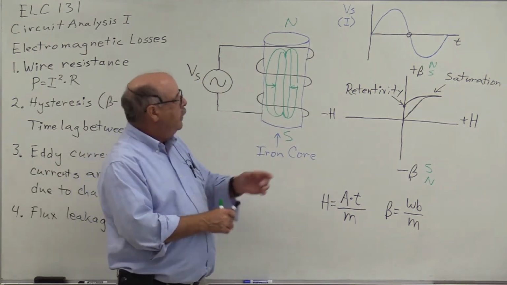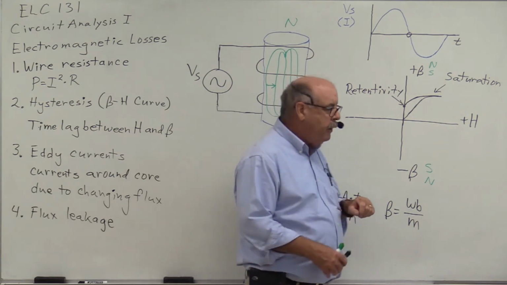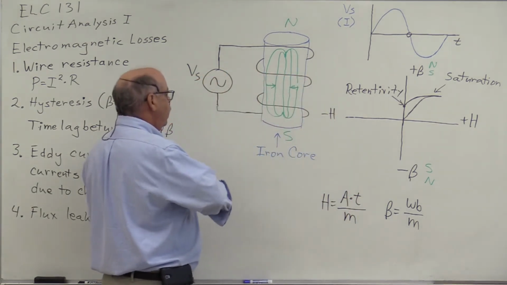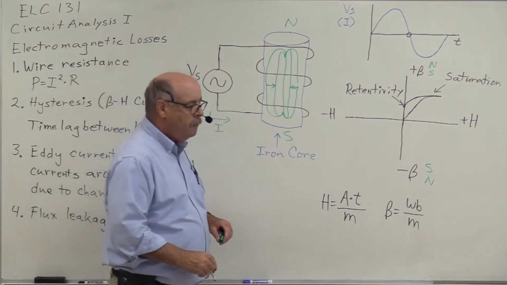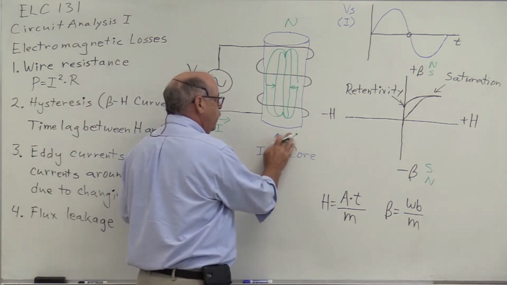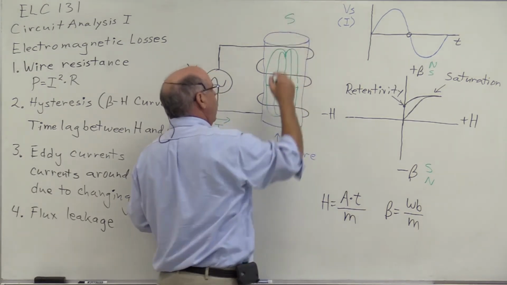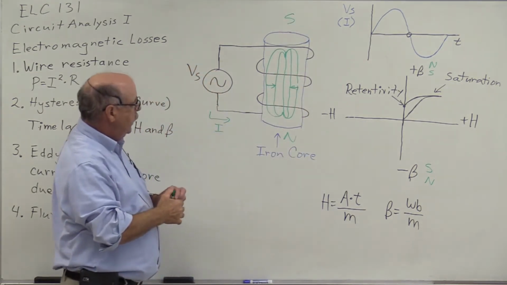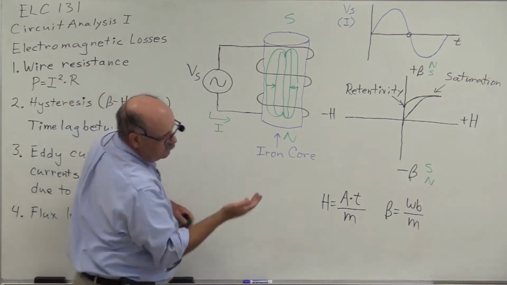So we start in the negative half cycle of this AC waveform. Of course, now current is going to flow in this direction. The field changes from north to south to north because, again, now current is flowing this way.